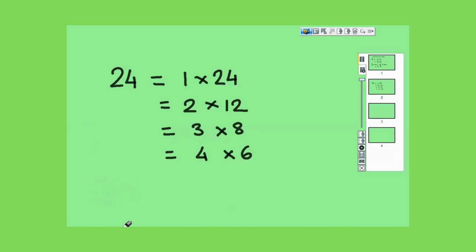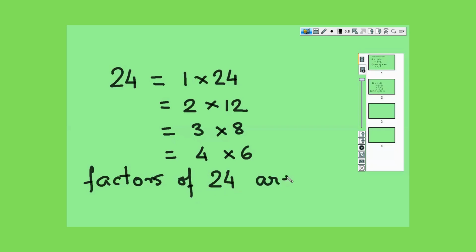We have to write it statement-wise: factors of 24 are 1, 2, 3, 4, 6, 8, 12, and 24. These are the factors of 24.